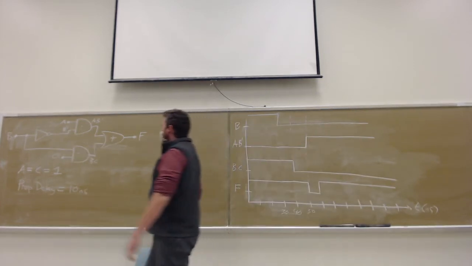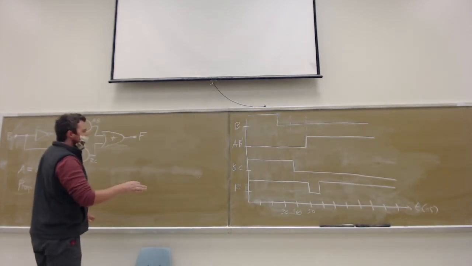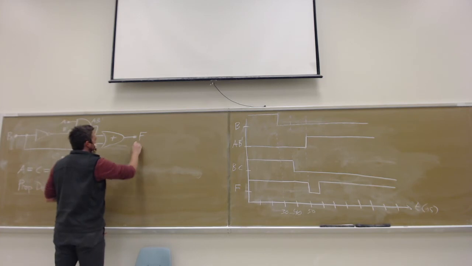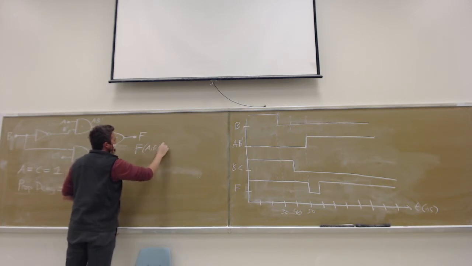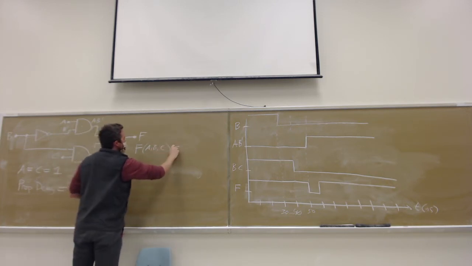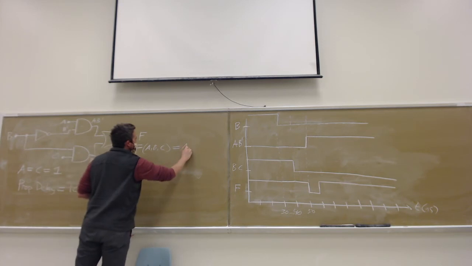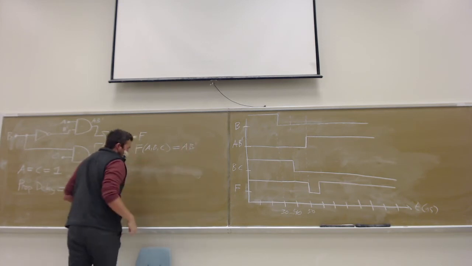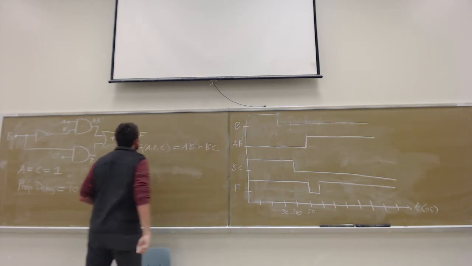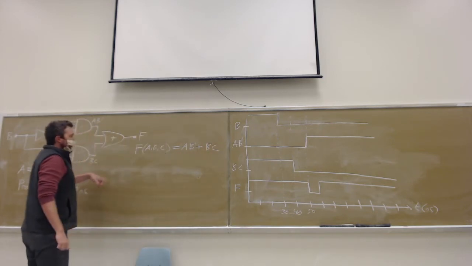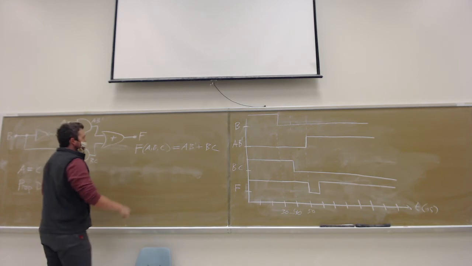Right? So if we were to sit here and make the truth table for this circuit, well, first off, let's say F is a function of what? A, B, and C. And is equal to what? A and B prime, or B and C. Right, we already have A and C is equal to 1, and we set B equal to 0.